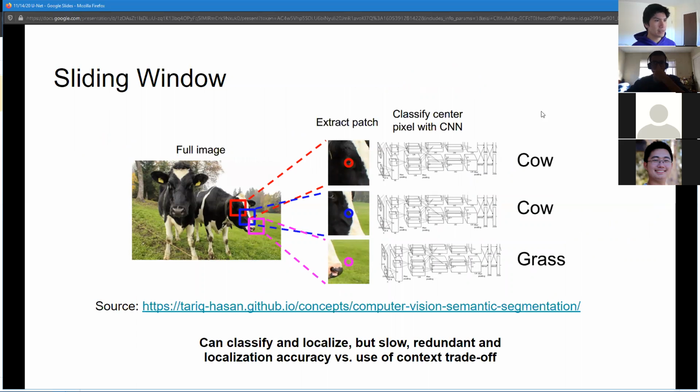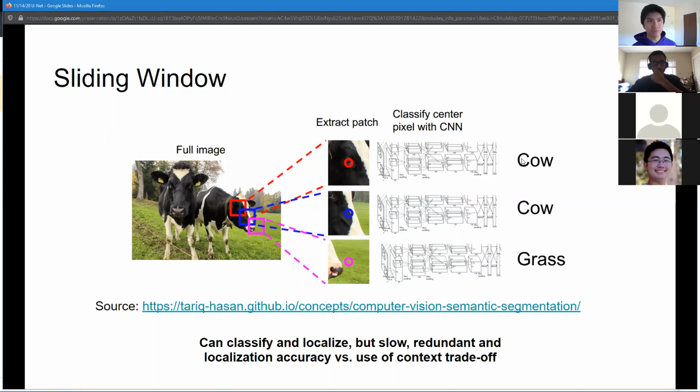And here's one solution they talked about in their paper, which at the time was the widely used solution, and it is called sliding window. All sliding window is doing is saying, you have an image, but what the network actually takes in isn't the full image, it's just a single pixel. You pass that single pixel through your network, and at the very end, you classify it as cow or grass or whatever.